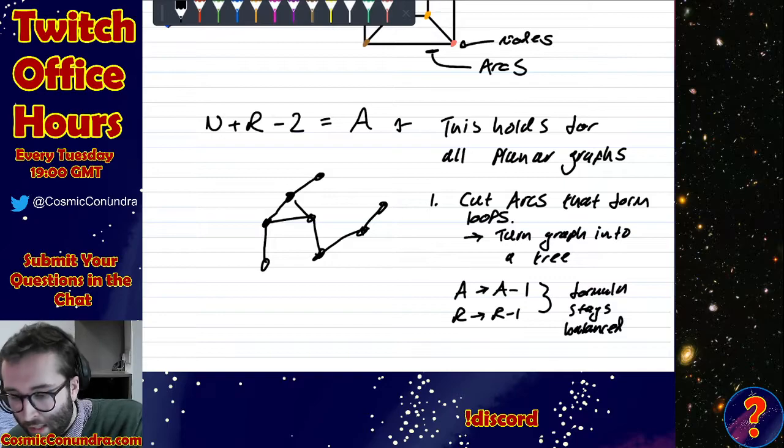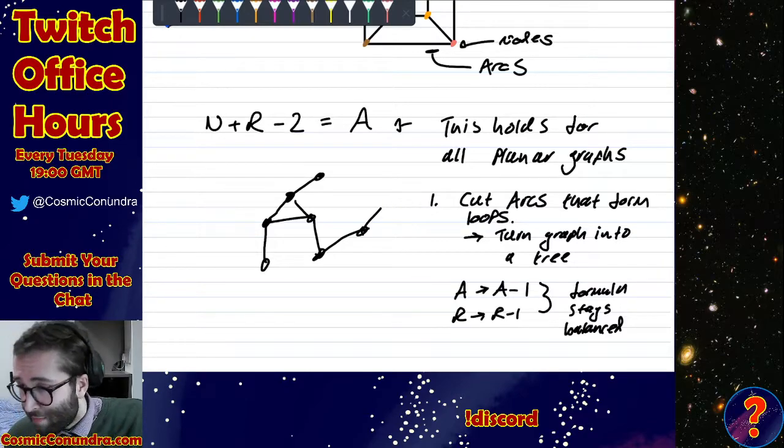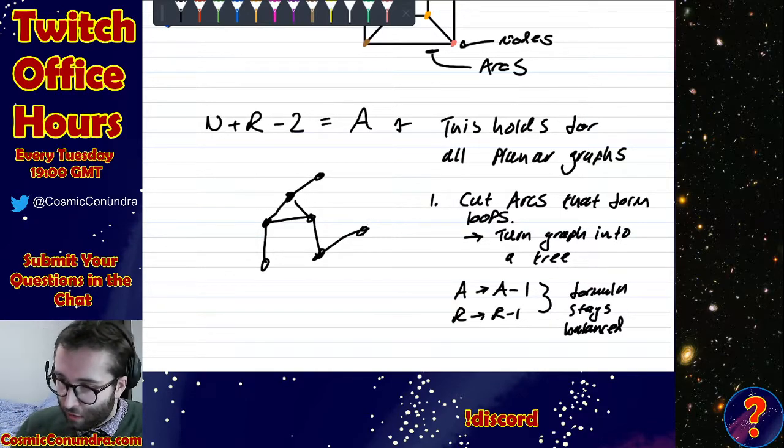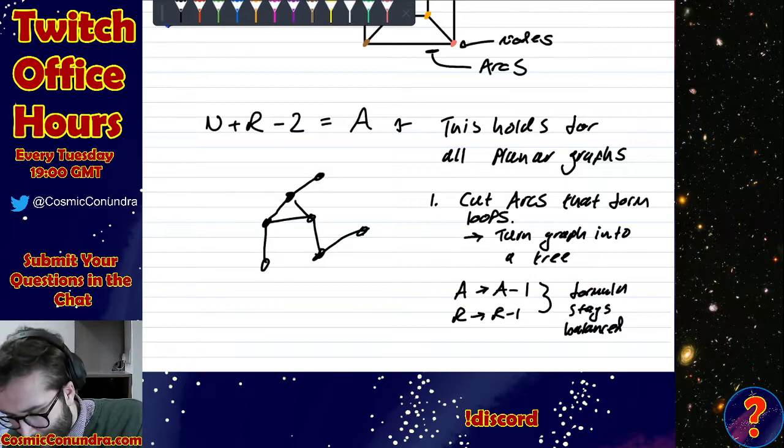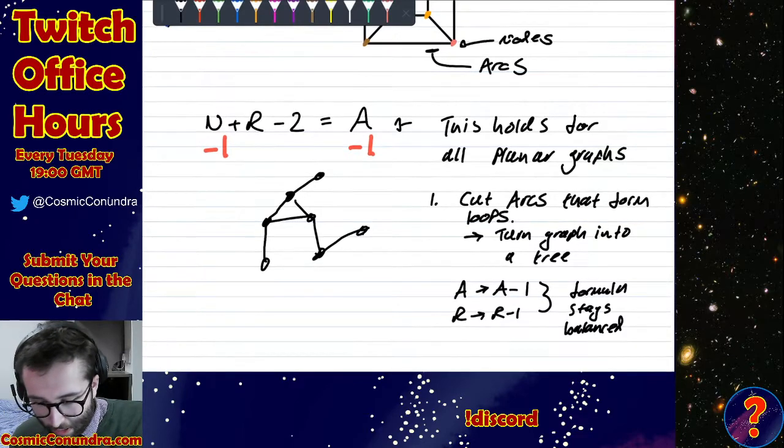What can we do next? Well, now we can start cutting arcs and getting rid of nodes. So I can get rid of a node here. Get rid of a node here. And then I have to get rid of the arc that was joining it onto the tree. So now the number of arcs has been reduced by 1, but also the number of nodes has been reduced by 1.